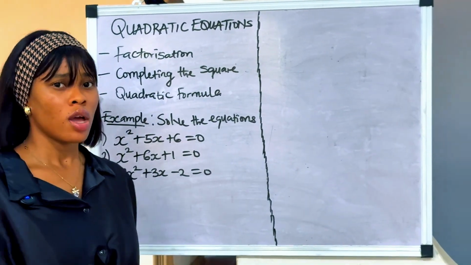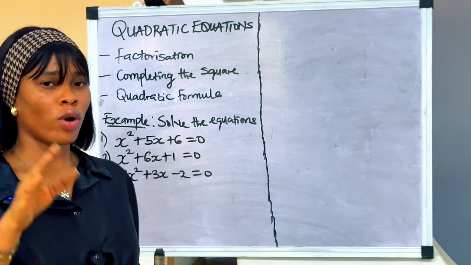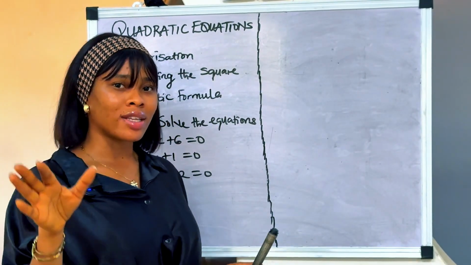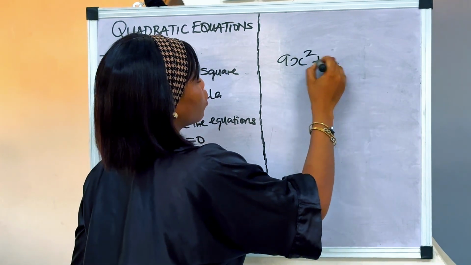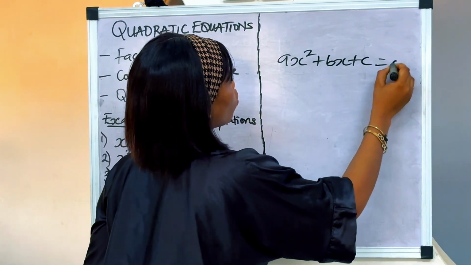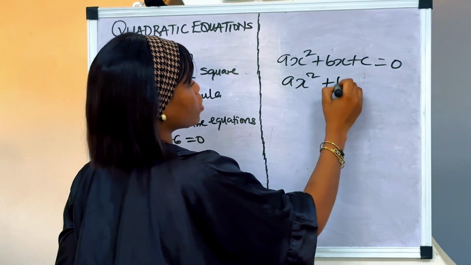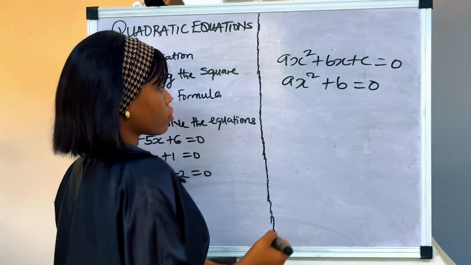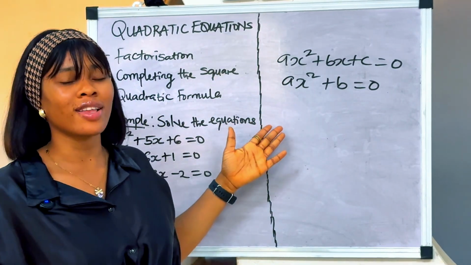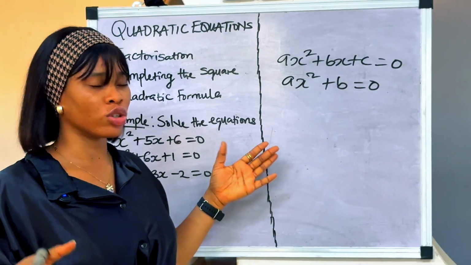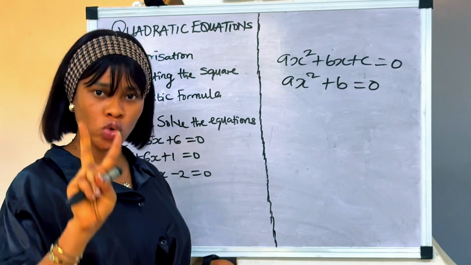Quadratic equations. An equation involving x squared is a quadratic equation. What do I mean? An equation in this form: ax squared plus bx plus c equals 0, or ax squared plus b equals 0, is regarded as a quadratic equation, where the highest power of the unknown is 2.